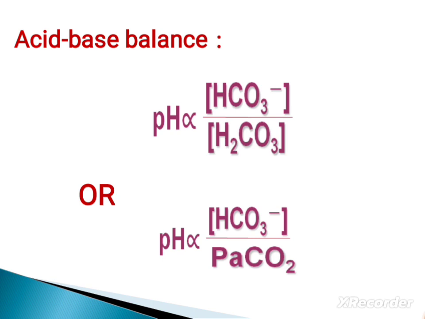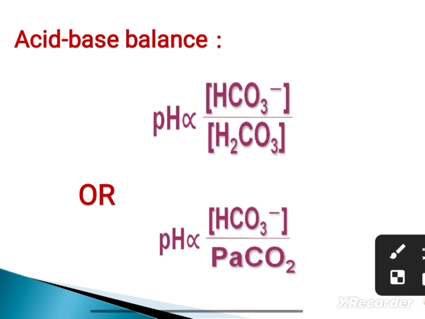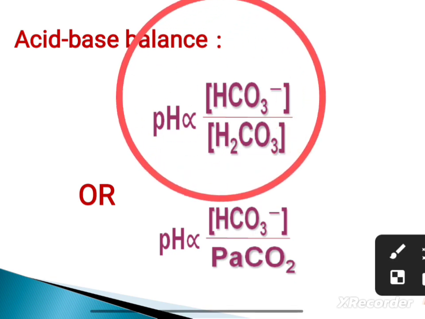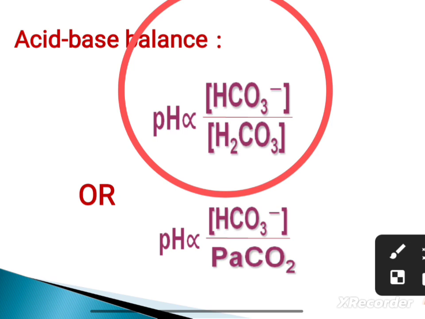From the Henderson-Hasselbalch equation, we know pH equals pK plus log of salt or base by acid concentration. From that equation, we can find out the following formula of acid-base balance.